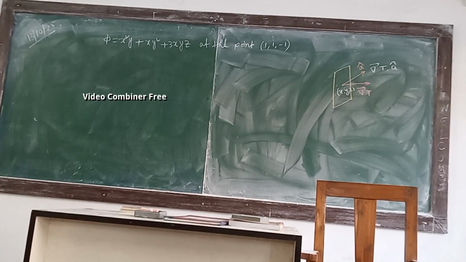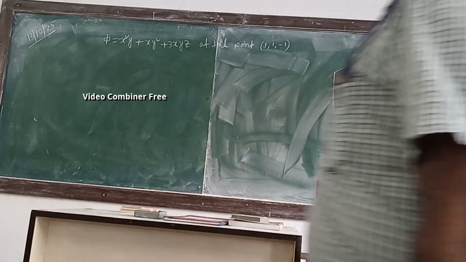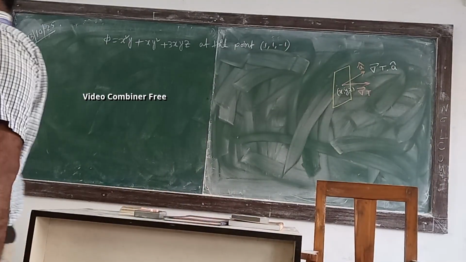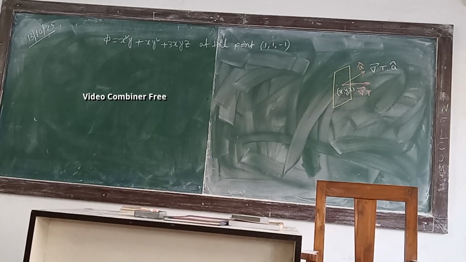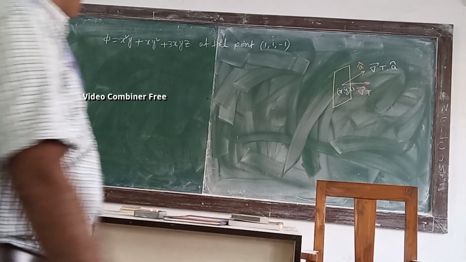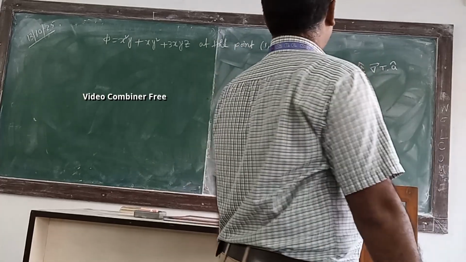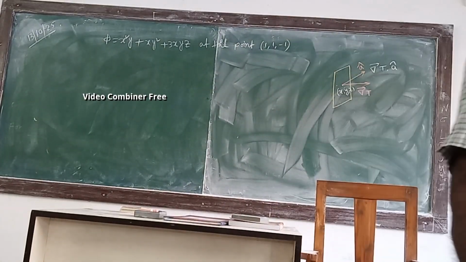Phi is the scalar quantity, and we need the normal to the surface phi at the point 1, 1, minus 1.